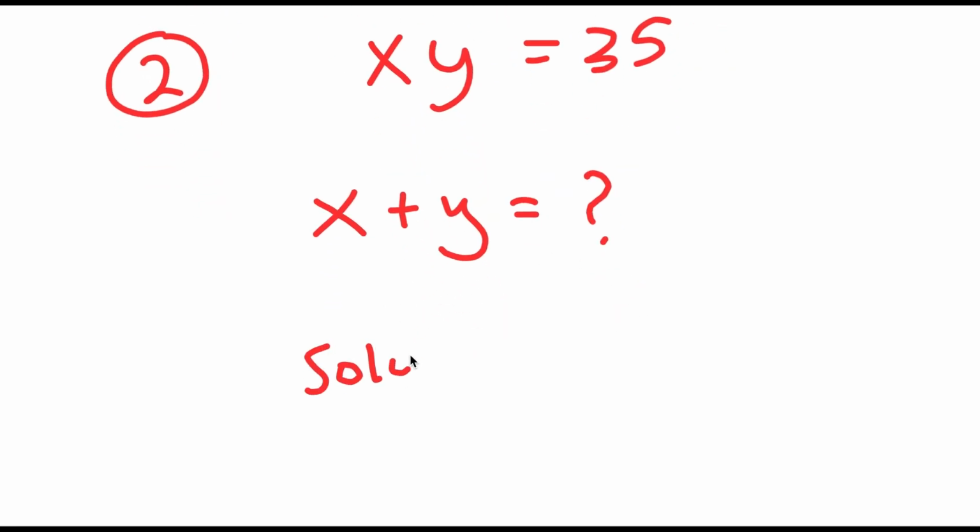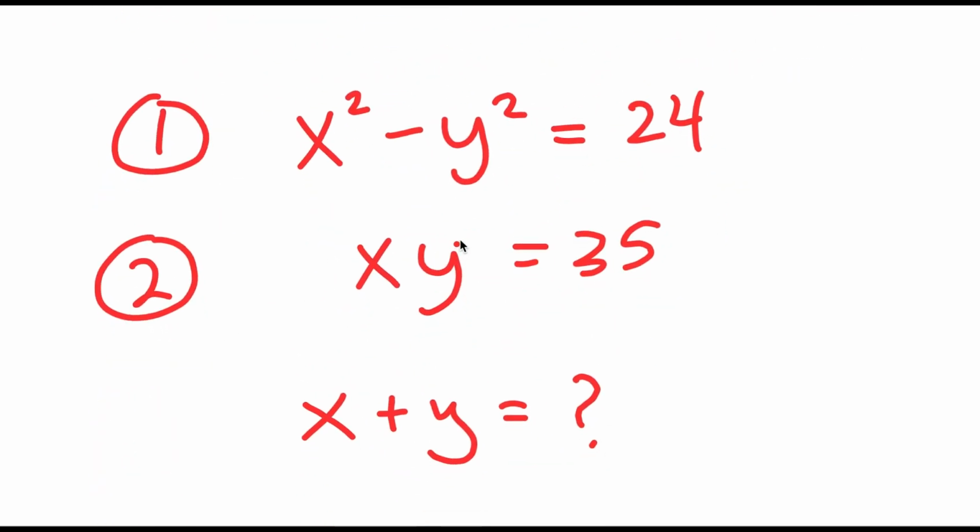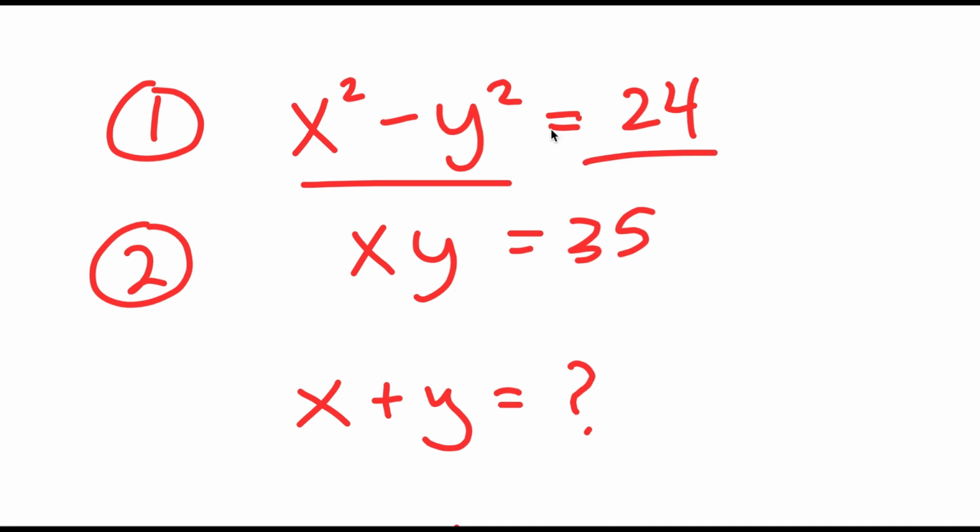So for my solution, as you can see here, we're first going to start with equation 1. Notice how I have x squared minus y squared is equal to 24. This is a square minus another square.